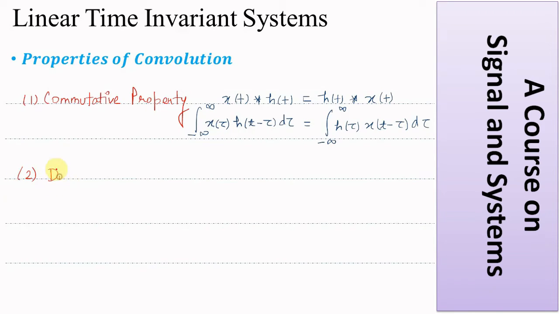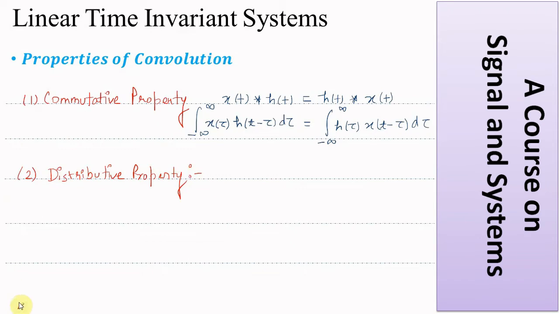Second property is distributive property. The convolution operator is distributive in nature. What does this mean?